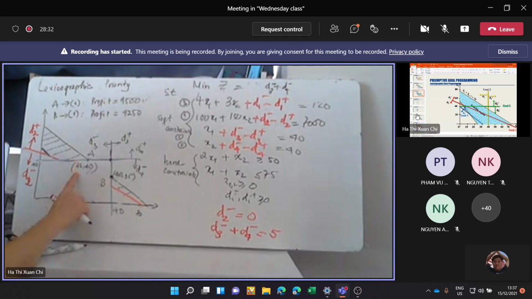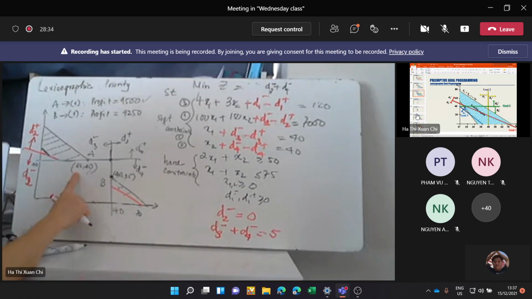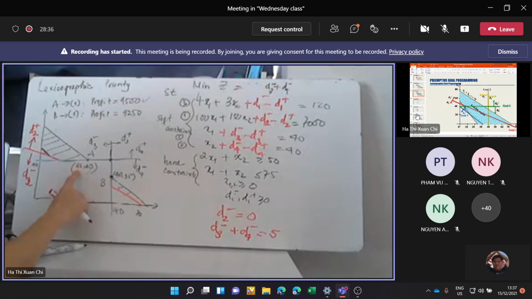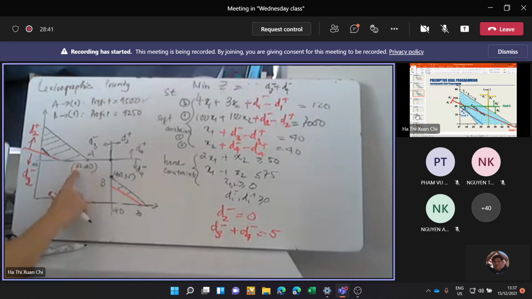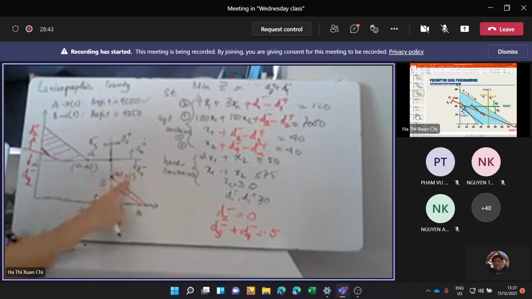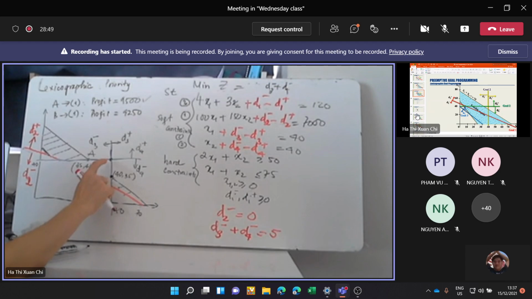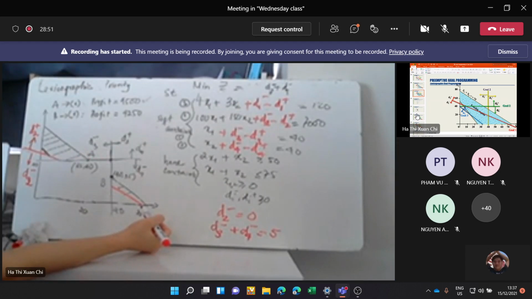So you can see here it is equal to 5, right? Because the shortfall is 5 units, right? 5 units to reach that point.